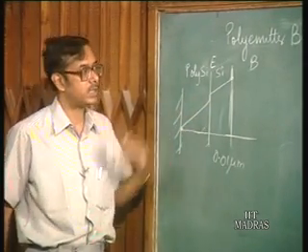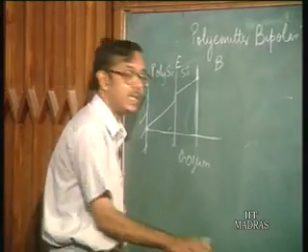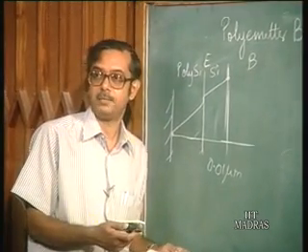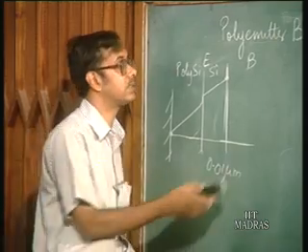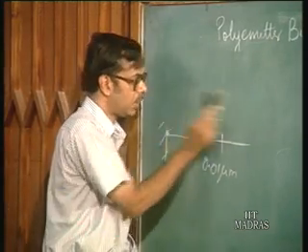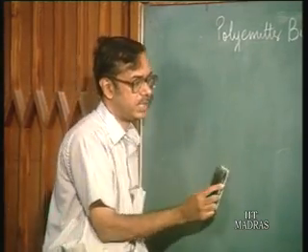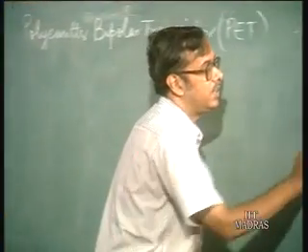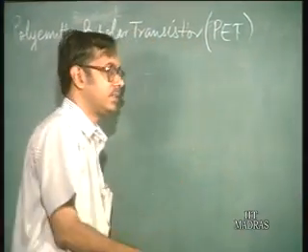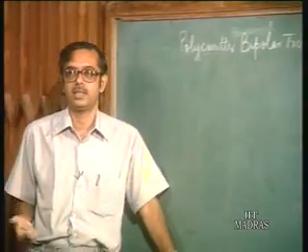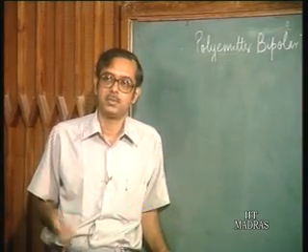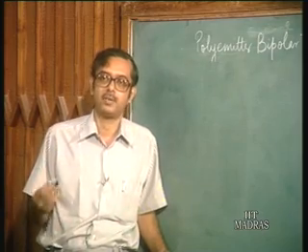Now, we shall see how actually a polyemitter transistor can be fabricated, or what it looks like finally. So, that is the next thing we shall take up, because it is very important especially from the ECL point of view, because ECL, you know, is a high speed circuit, and almost all modern ECL transistors are in fact polyemitter transistors to derive the benefit of high speed.